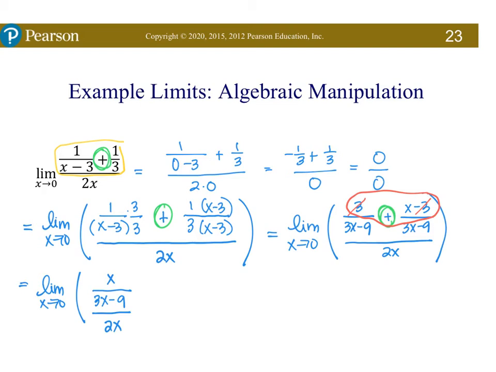Now at this point it's awkward to have what looks like two denominators. I've got 3x minus 9 and I have 2x. So I want to multiply by the reciprocal instead. So I'm going to erase the divided by 2x, and I'm going to change it to a multiply by the reciprocal 1 over 2x. Okay, legal algebra. Now I reduce because I have multiplication now. See how it's different? It used to be a plus, but now it's multiplication.